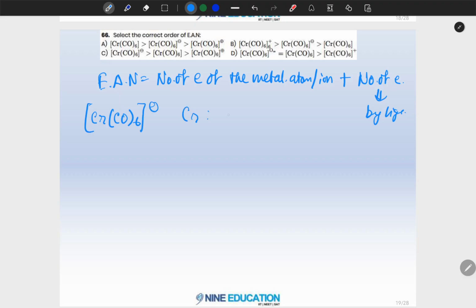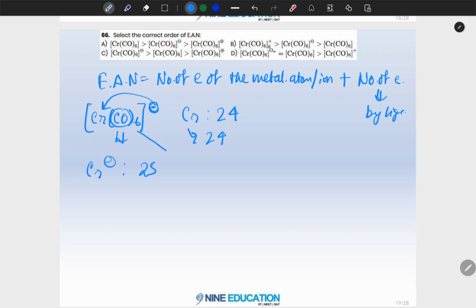Now let's calculate the EAN value of [Cr(CO)6]-. For chromium, what is the atomic number? That is 24. So in chromium, 24 electrons are present already. Now we know carbonyl is a neutral ligand, so obviously this negative charge is present on chromium. In Cr-, 25 electrons should be present.